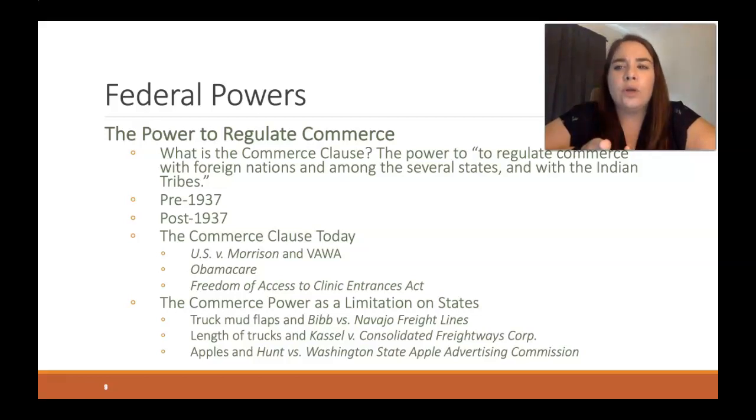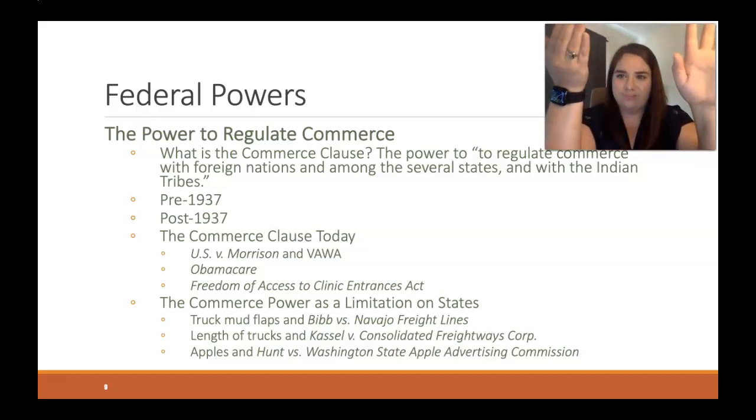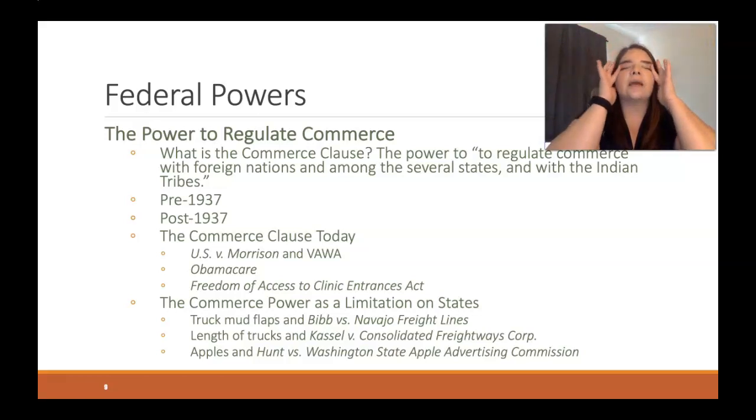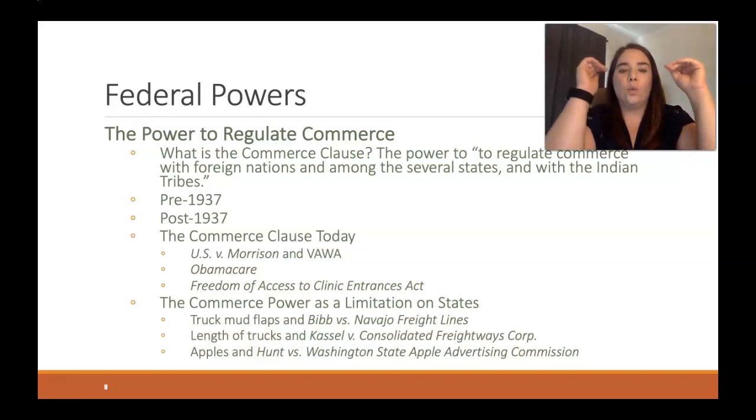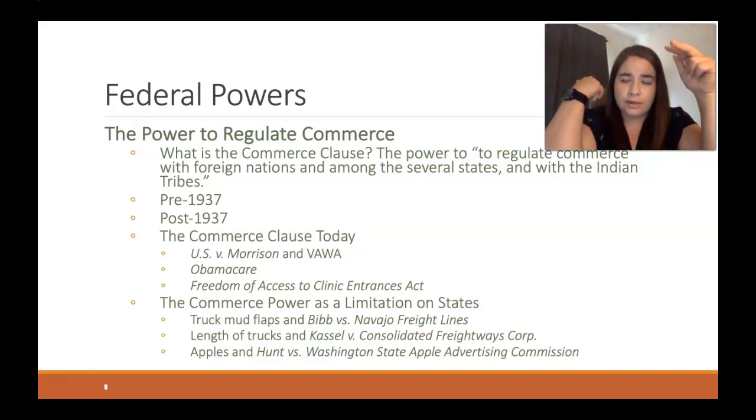But when you look at that situation and compare it to Obamacare, the passing of the Affordable Care Act, when that went up to the Supreme Court, Justice Roberts, in a very surprising opinion, authored that opinion and said, hey, listen, us charging you a tax for not having health insurance, because you not having health insurance affects the cost of health insurance in the United States, that's a reasonable tax.